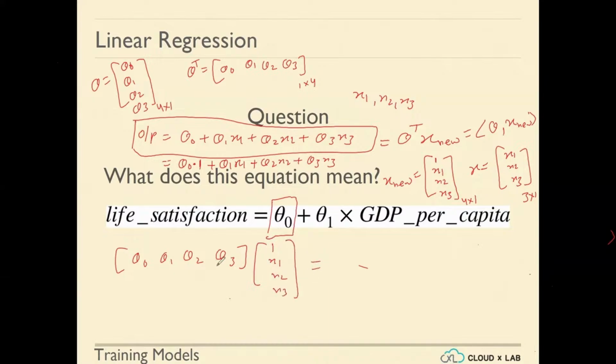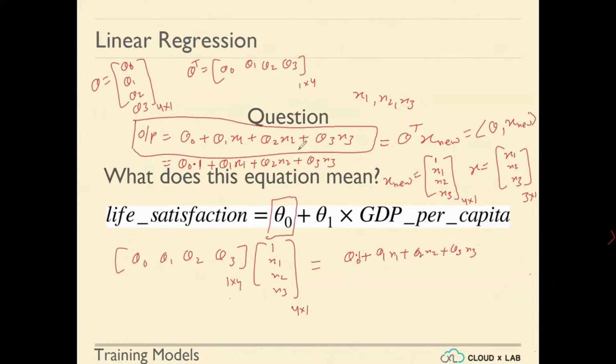If you perform these two vector multiplications, the size of this vector is 1 cross 4 and here you have size 4 cross 1. So in the output, I will get a single element, because I'm multiplying 1 cross 4 and 4 cross 1. So what do I get in the output? Theta 0 into 1 plus theta 1 x1, theta 2 x2, theta 3 x3. So I will get the same output here, right?